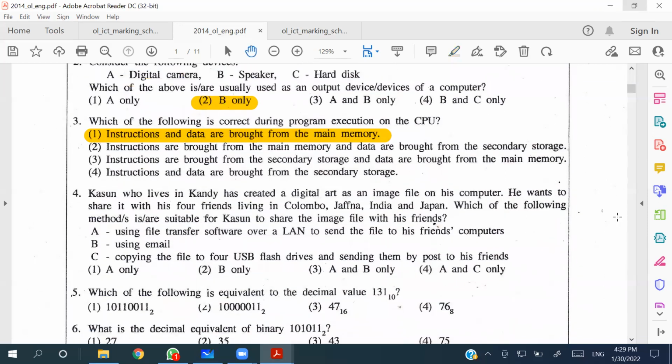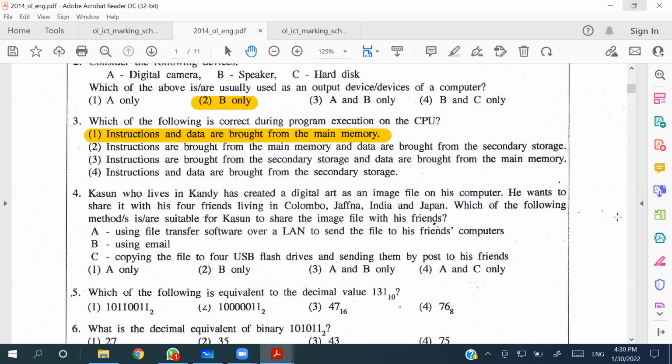Right. So the fourth one: a cousin who lives in Kandy has created a digital art as an image file on his computer. He wants to share it with his 4 friends living in Colombo, Jaffna, India, and Japan, 4 different geographical locations. Which of the following methods are suitable for the cousin to share the image file with his friends?